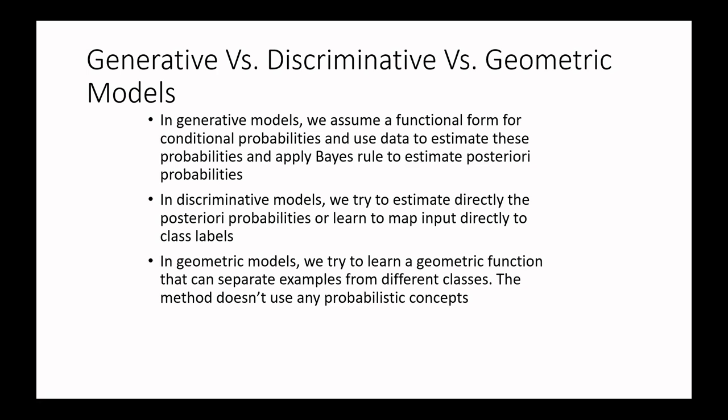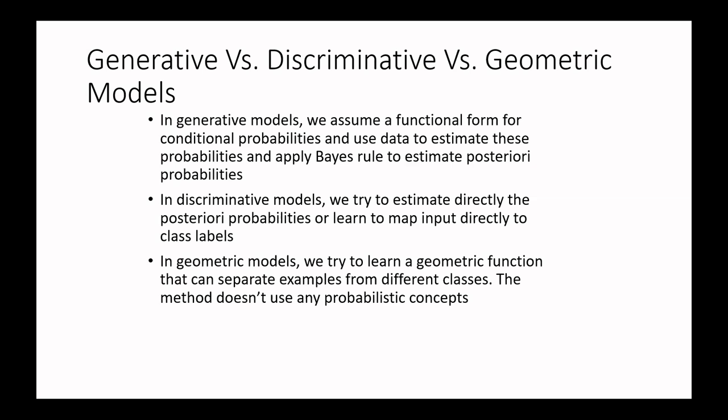In discriminative models, we don't really assume much about the density function or probability distributions. We directly try to estimate the posteriori probability of a given input coming from a particular class. So those models directly try to map input to class labels.